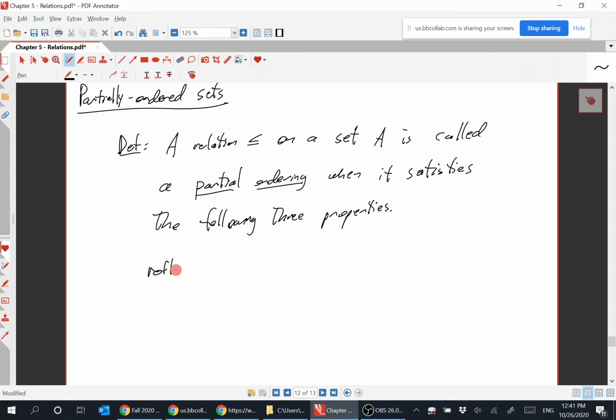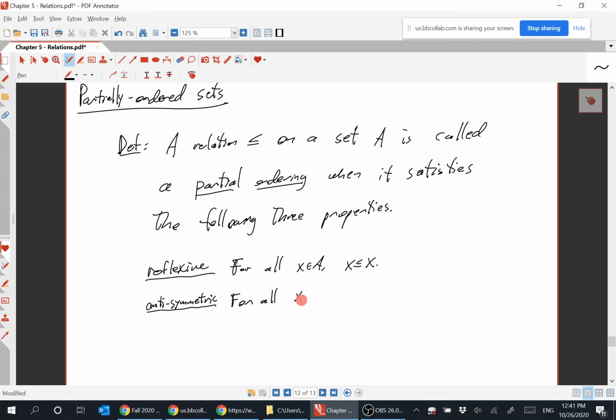It's reflexive. For all x in A, x is less than or equal to x. It's antisymmetric. Whereas equivalence relations are symmetric, partial orders are totally not symmetric at all, ever.